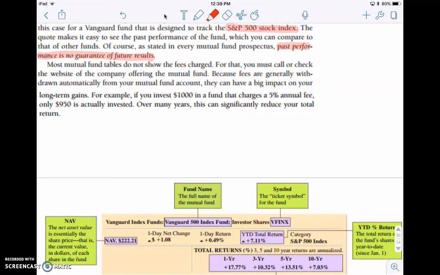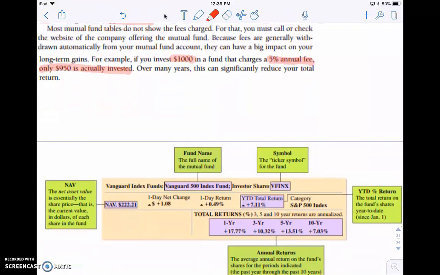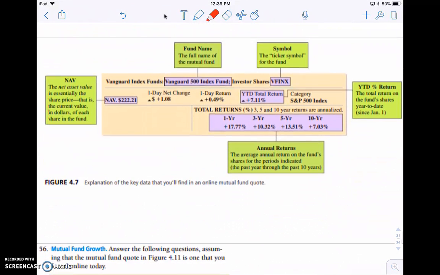For example, if you invest $1,000 in a fund that charges a 5% annual fee, then you've only actually invested $950. And so over a lot of years, that can significantly reduce your total. So it is something you want to be cognitively aware of when you get into a mutual fund. And again, mutual funds are going to be looking at combinations of stocks and bonds and different items. And you can read more about them.